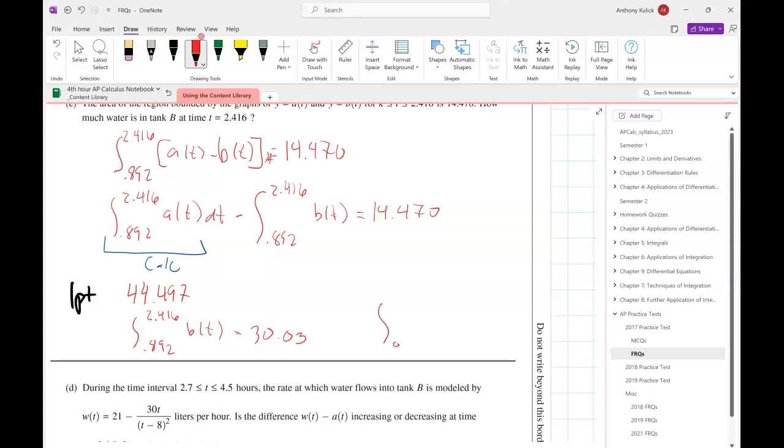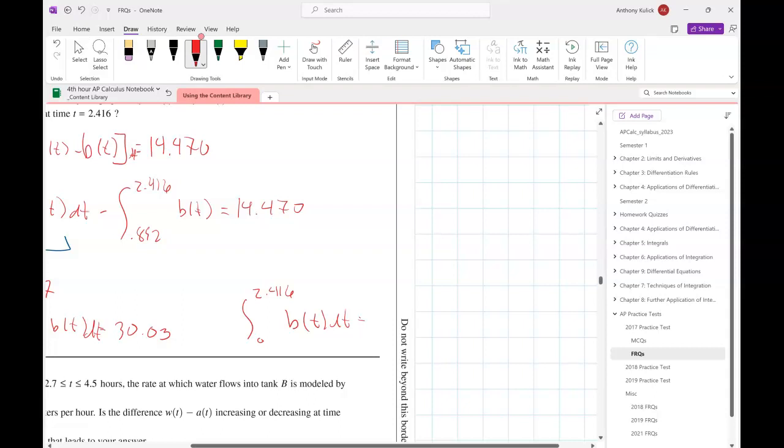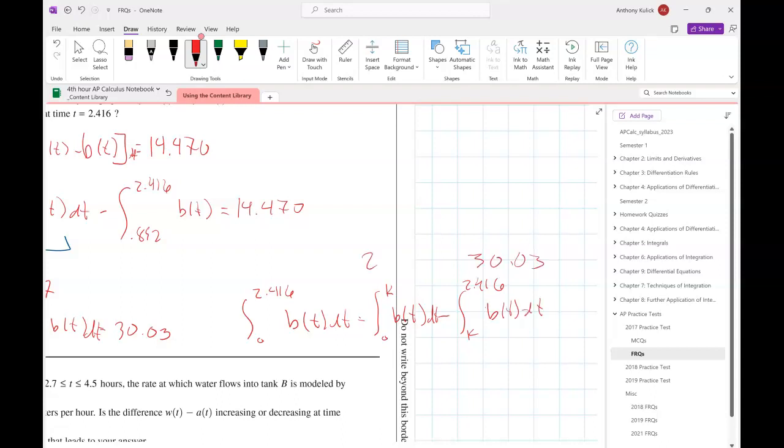How do I find the integral from 0 to 2.4 yada yada yada for B of t? Yes, yes. So I think about it this way. So this is my 30.03, and this is going to be 20.5 times k.